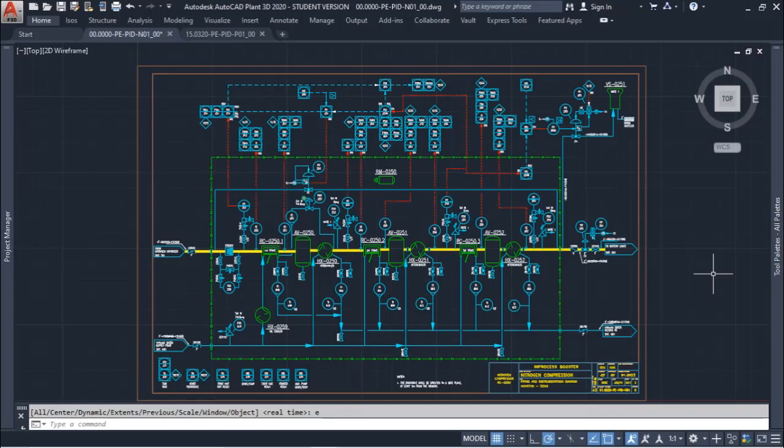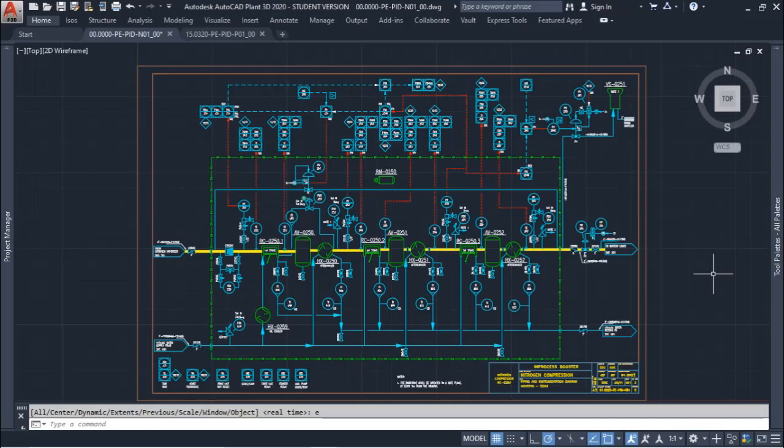And it can be very intimidating at first sight, but with this video and this class you will have a better view of the piping and instrumentation diagram, and you will not be afraid of getting a P&ID to read.